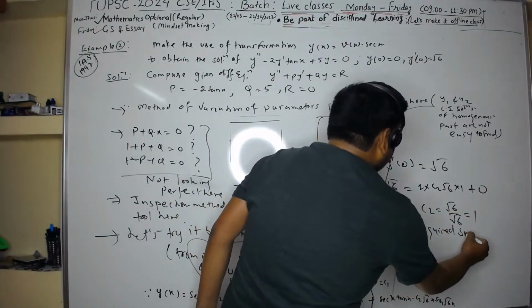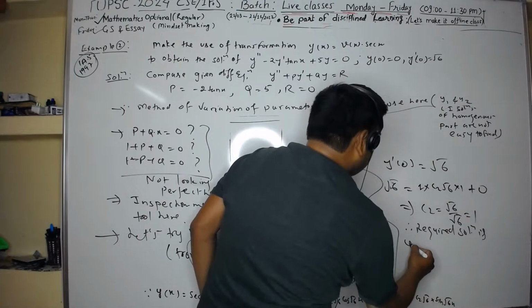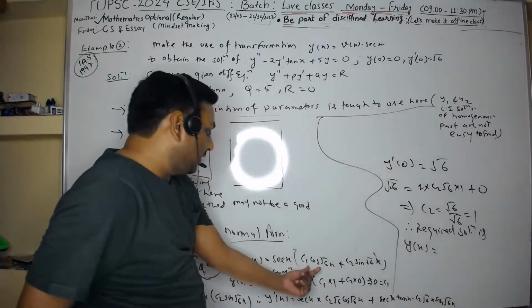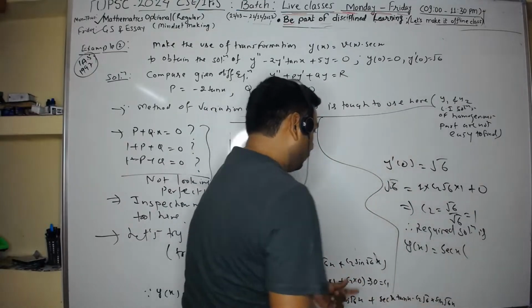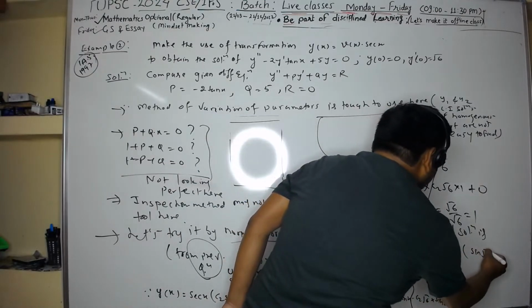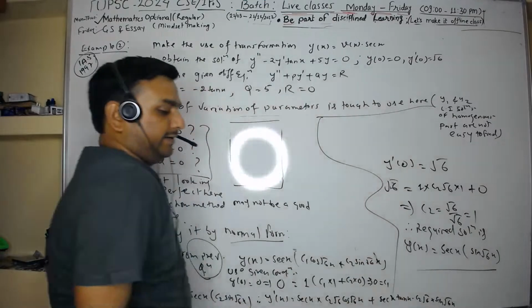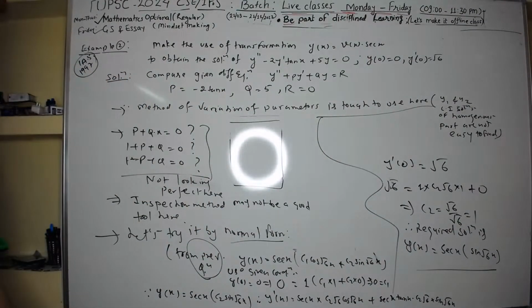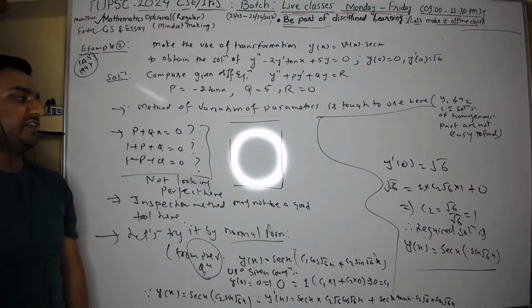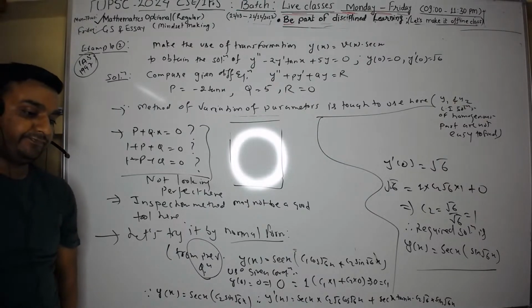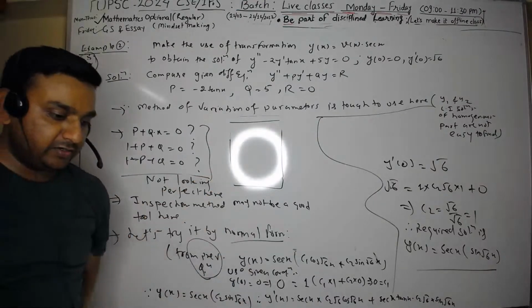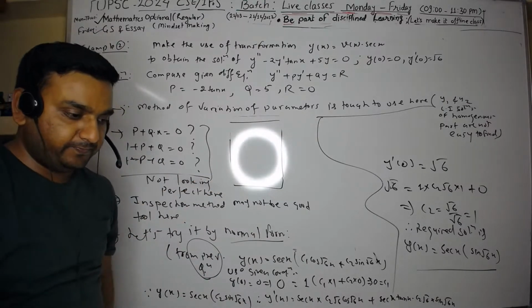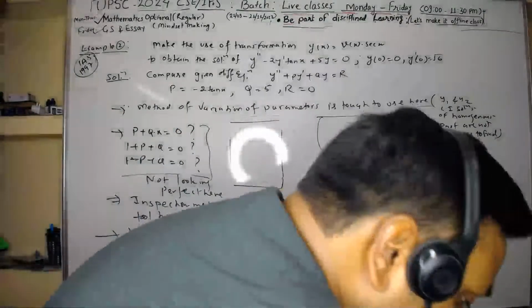So required solution is y of x, c1 का value you got 0, c2 का value you got as 1. प्लीज नोट इट डाउन. वेरी गुड क्वेश्चन. If any doubt, please cross verify and do let me know. Please note it down.